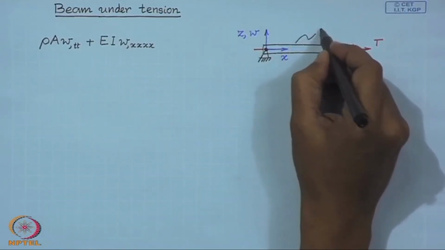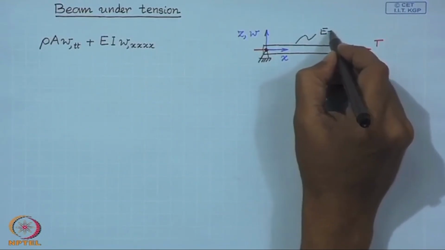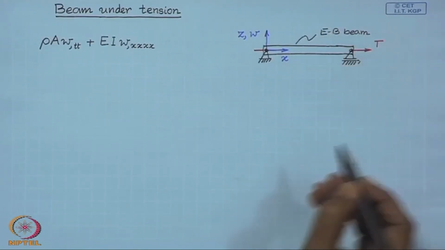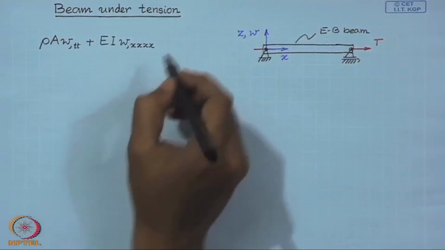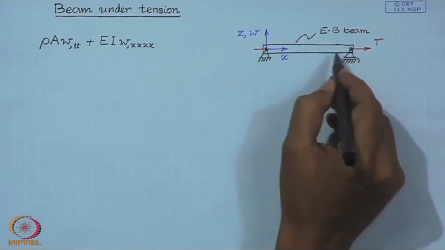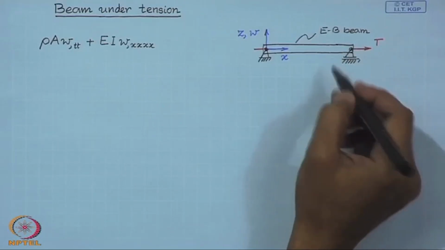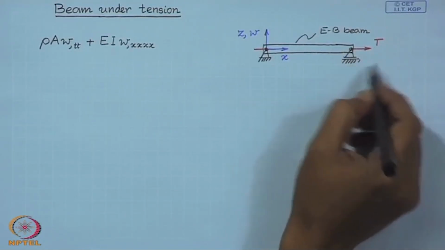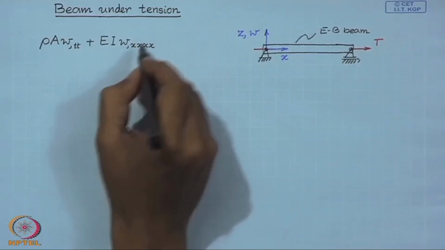So, this is an Euler-Bernoulli beam. So, these two terms are from the beam equation. Now, when you have this tensile loading, then additionally you have another term.